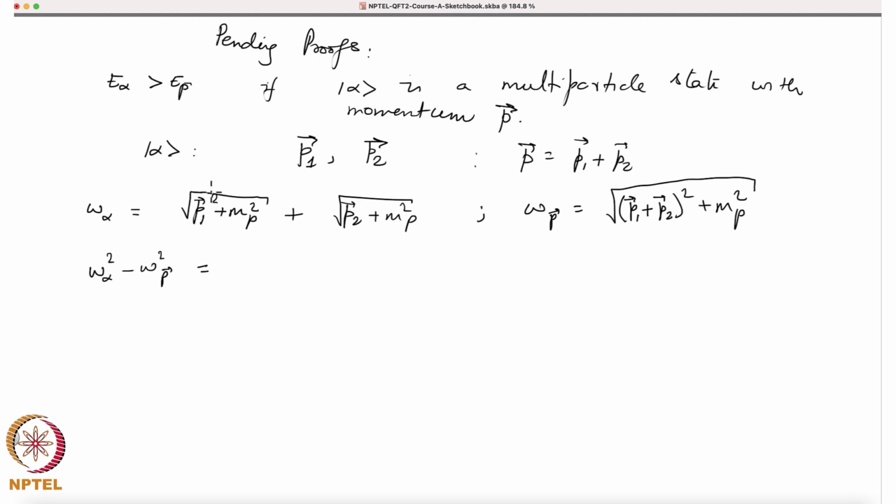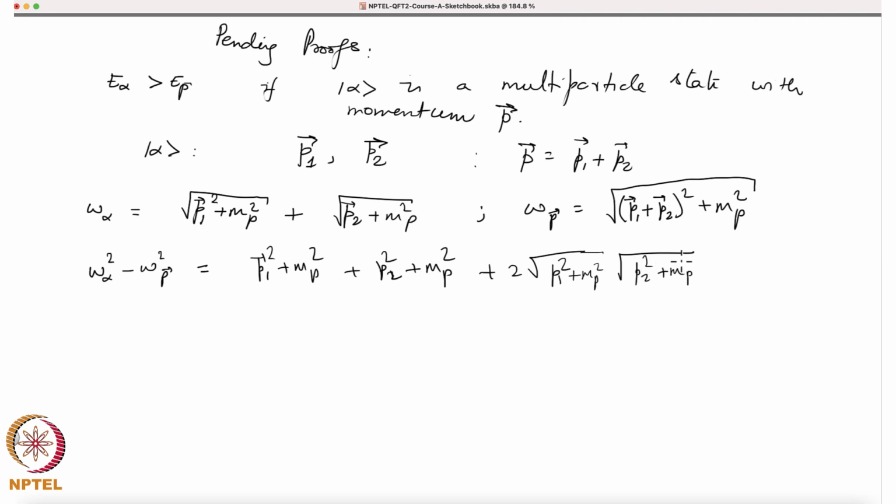Omega alpha squared is this square plus that square plus 2 times this, minus the square of omega p, which will be p1 squared plus p2 squared plus 2 p1 dot p2 plus m_p squared.